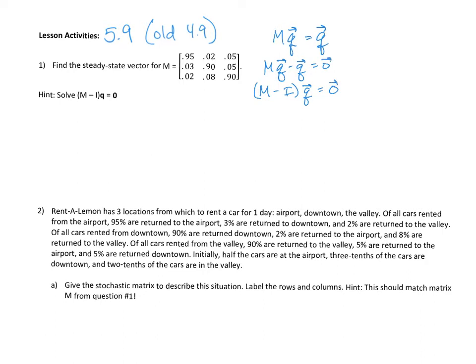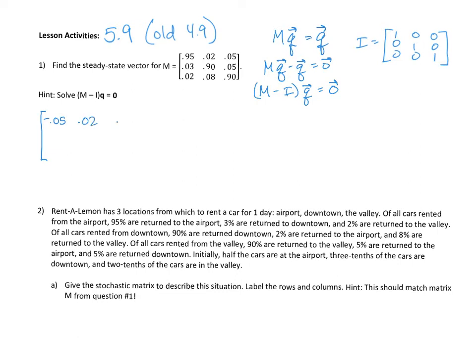Okay, so I'm going to take my matrix M and subtract the identity, which is 1, 0, 0, 0, 1, 0, 0, 0, 1. Okay, so M minus I. So 0.95 minus 1 is negative 0.05. And then my next two entries in that row will be the same.